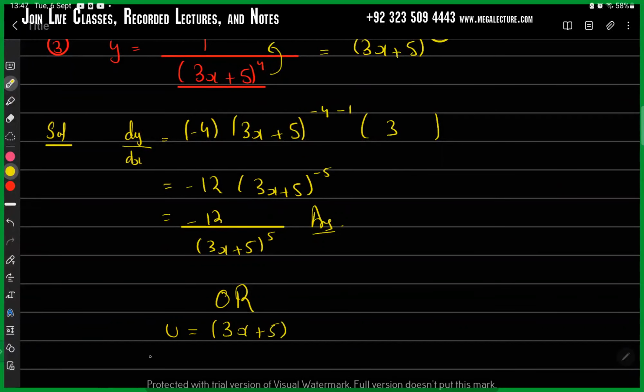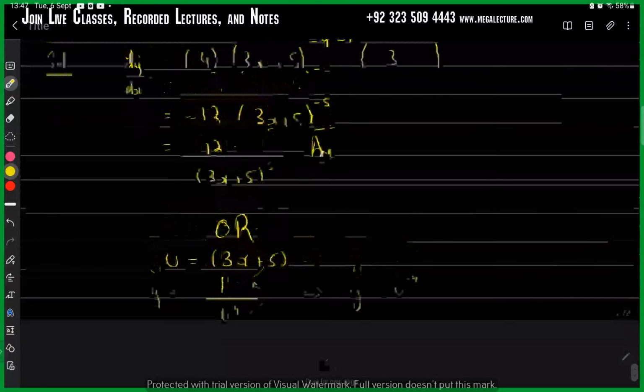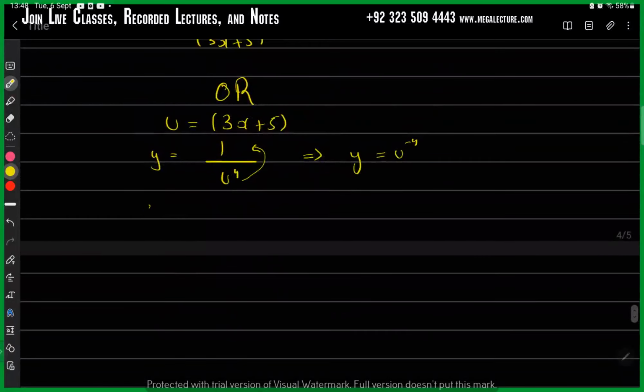So I can write it as y equals 1 divided by u power 4. And since I am not sure about the differentiation this way, I'll take this to the numerator. And it would become y equals u power minus 4. Okay, next, how do we apply the chain rule? It's dy by dx equals dy by du multiplied by du by dx.